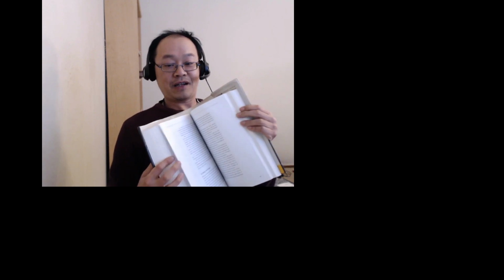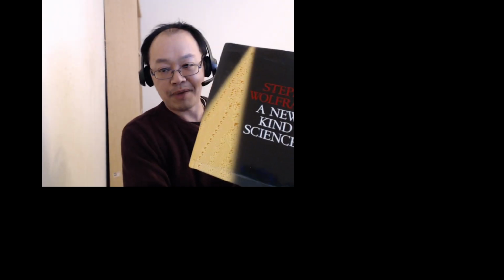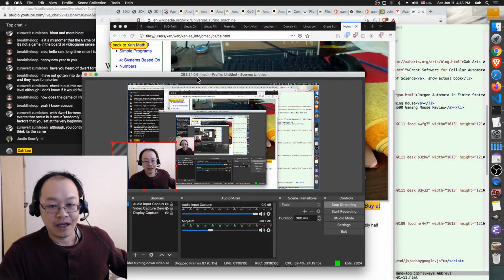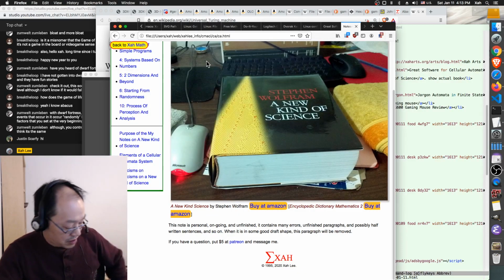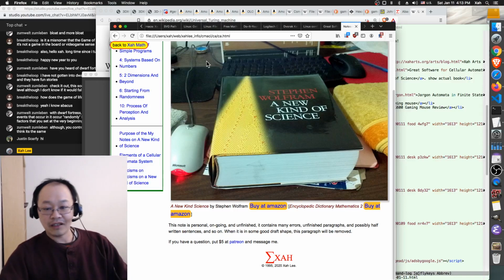That is why he's not winning awards from these inferior scientists. He thinks he's the greatest scientist, you see. A New Kind of Science. This entire book is about cellular automata, the things we talked about. And I have an annotation on this entire book.